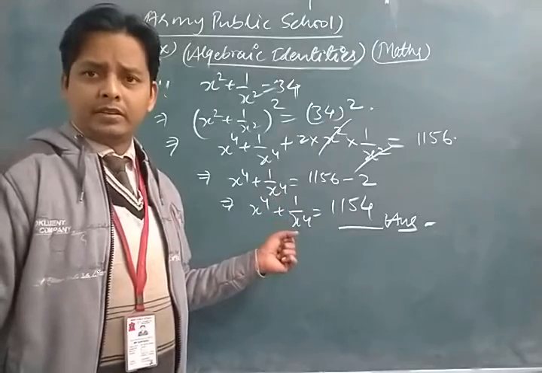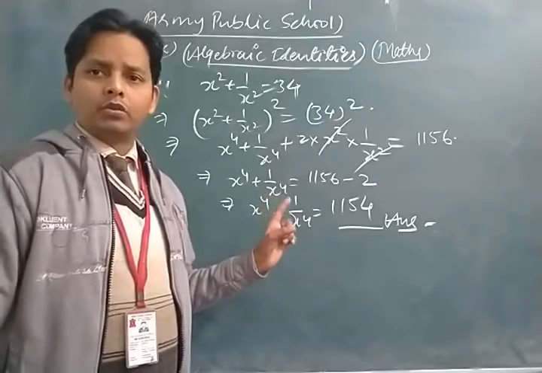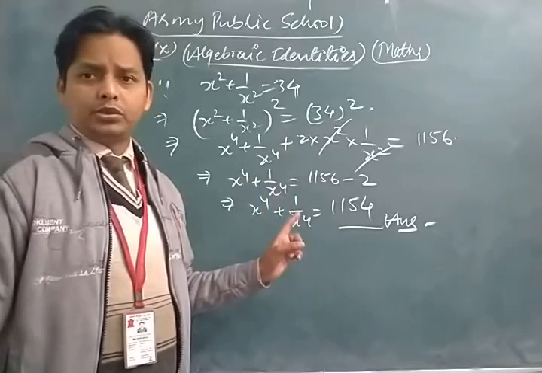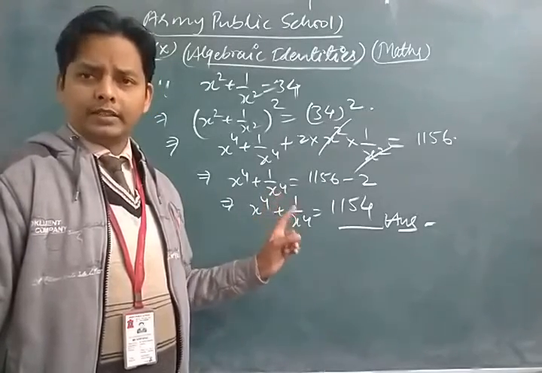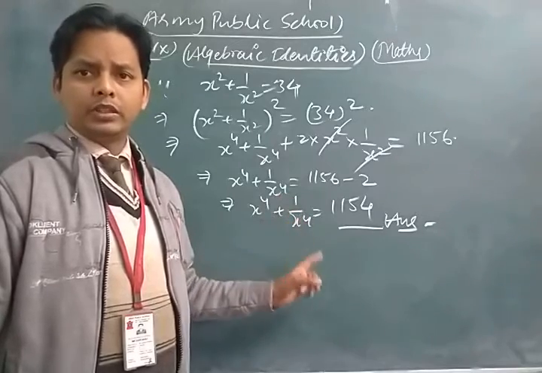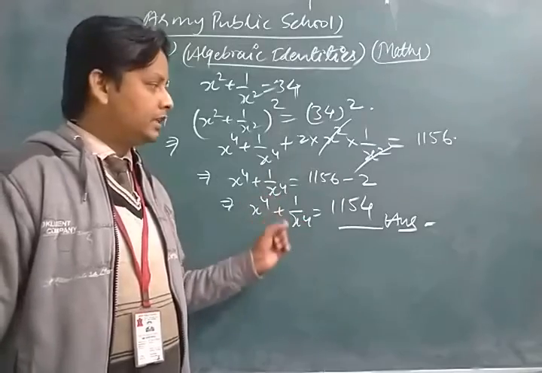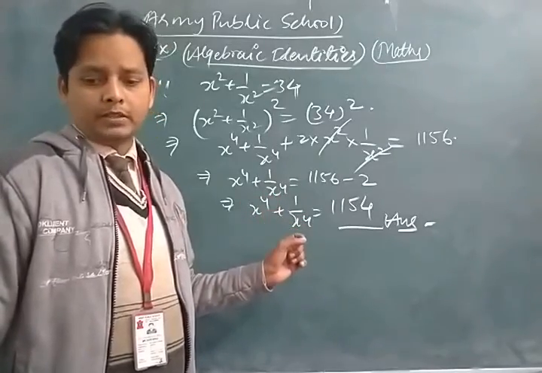So in this way you can solve each and every question of your NCERT exercise based on this topic. This is one of the most important questions of your syllabus. So please dear students, do more and more practice of your questions.